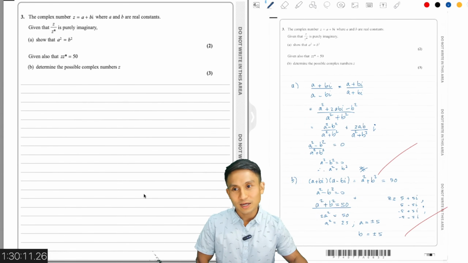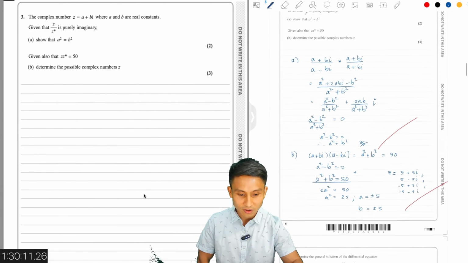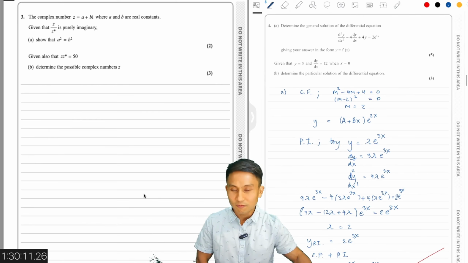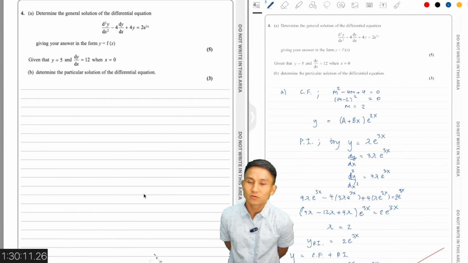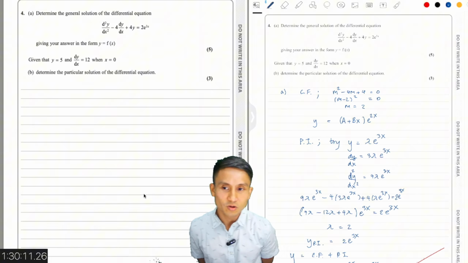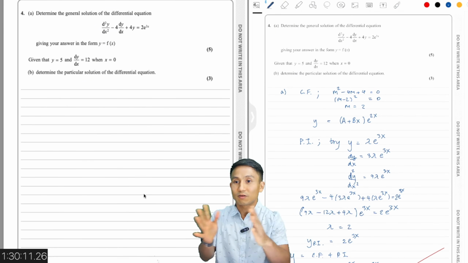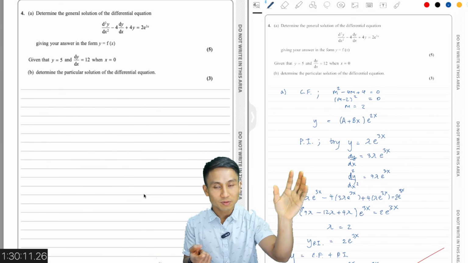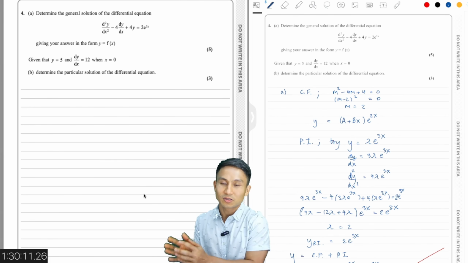And this one, fine, just go through the conditions and solve for all the possible values of z here. This is okay. Number 4, you need to go through the second ODE here if you don't know how to do this, but basically you need to learn a lot of cases. If the right part, the non-homogeneous part, is 0, we call it homogeneous second ODE.